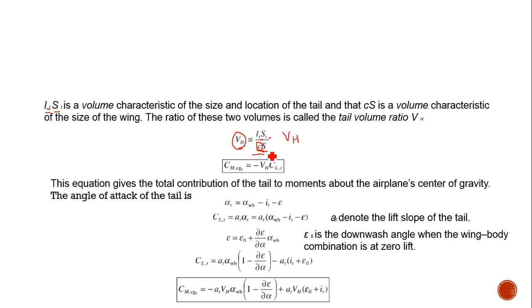So altogether we call it the tail volume ratio, and we denote the term as VH.